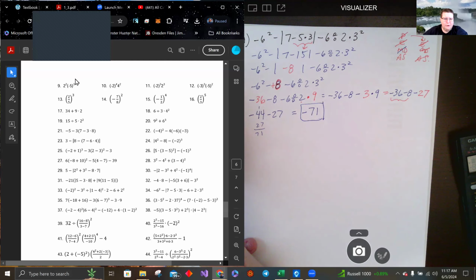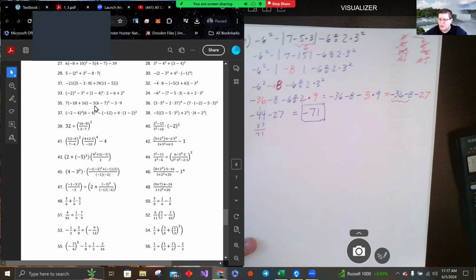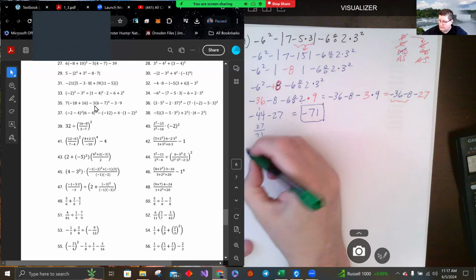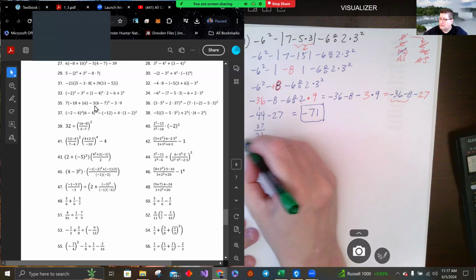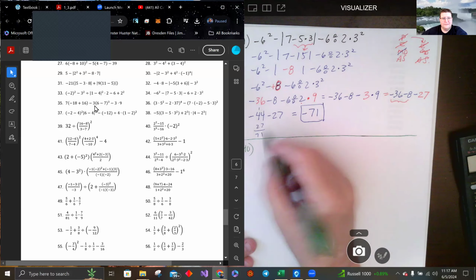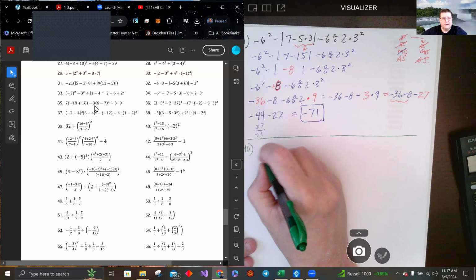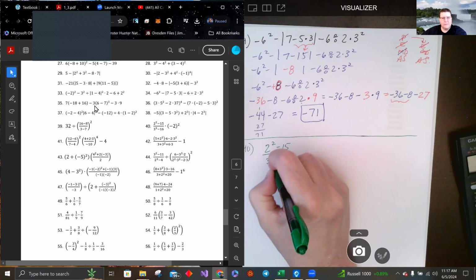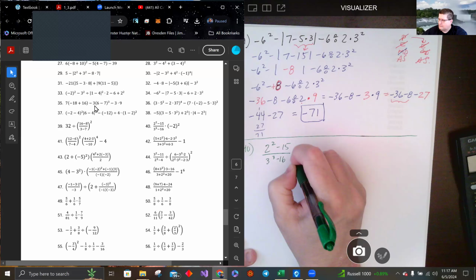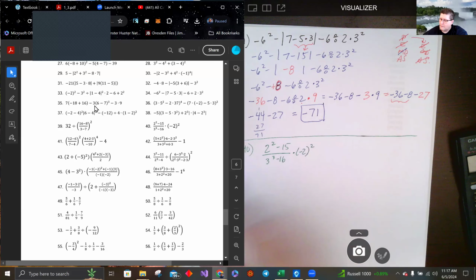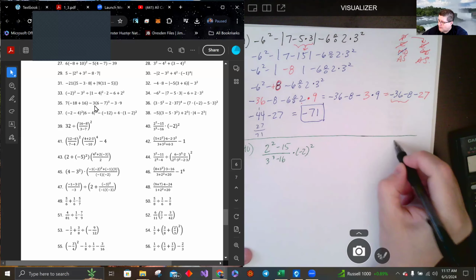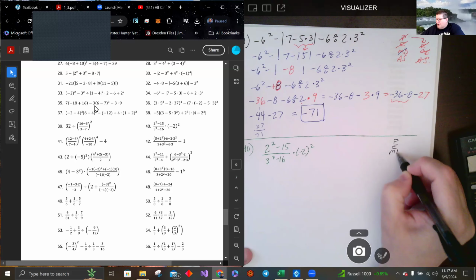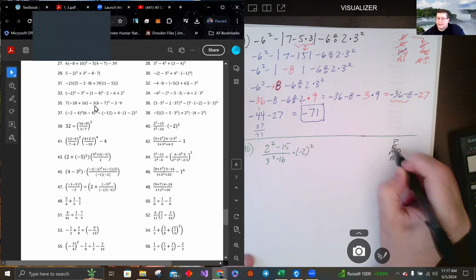I'm going to do number 40 real quick because it shows you where fractions show up. So fractions are sneaky.